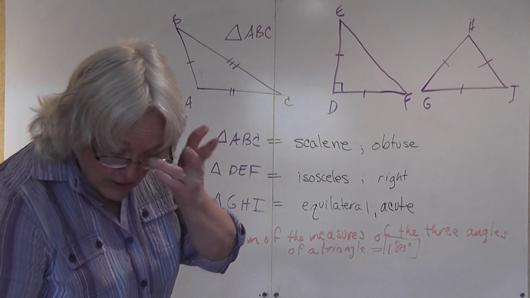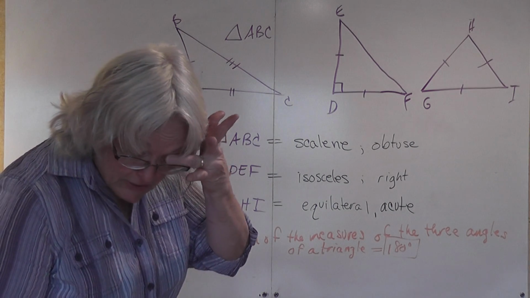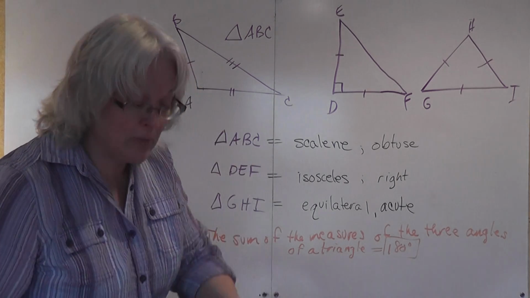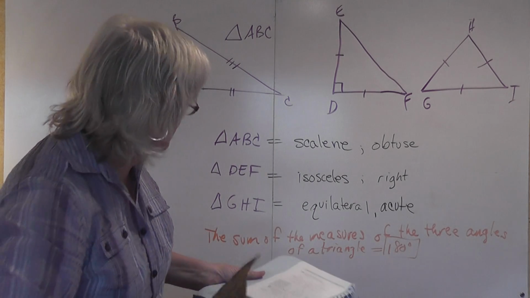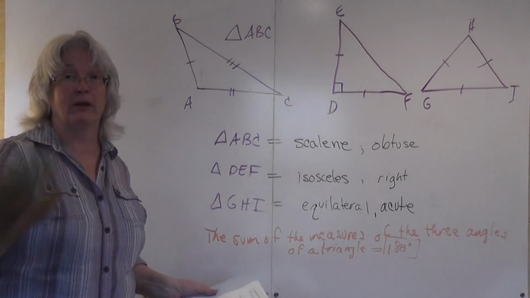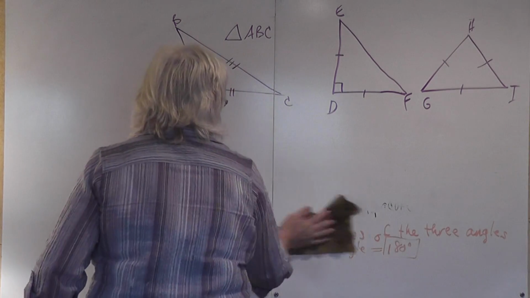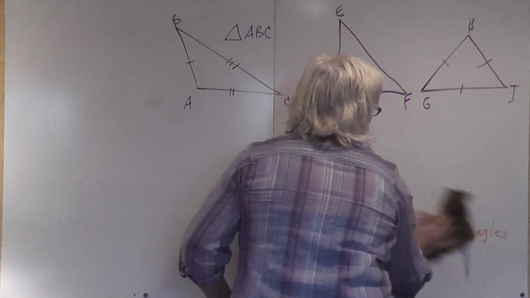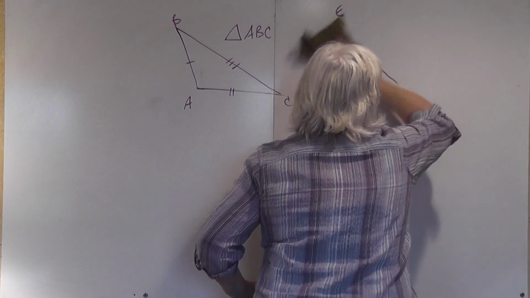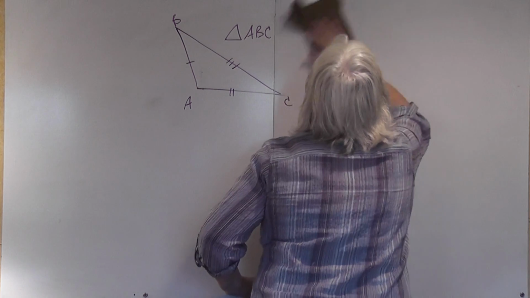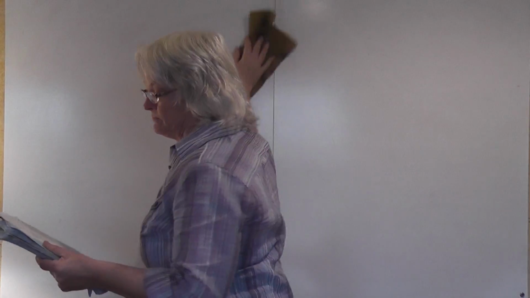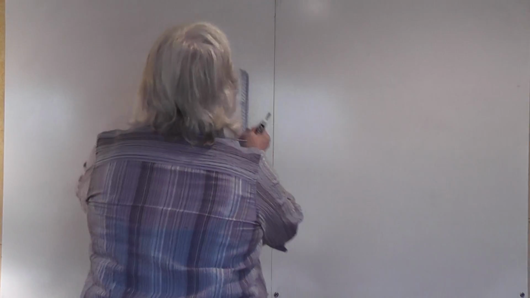So let's go ahead and look at this example here on page 366. Make sure that you can identify and sketch all of these types of triangles. Our question here says, write and solve an equation to find the measure of angle x.